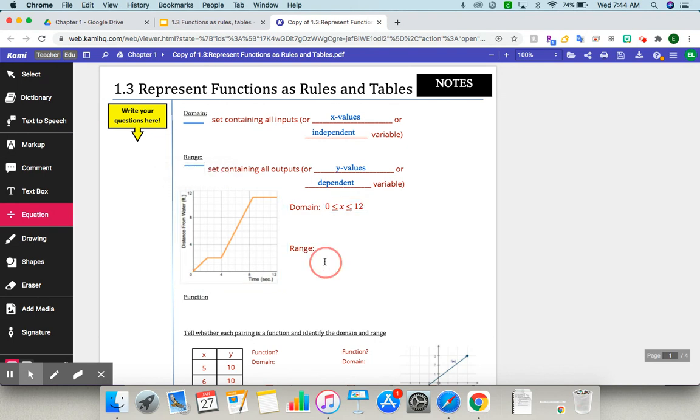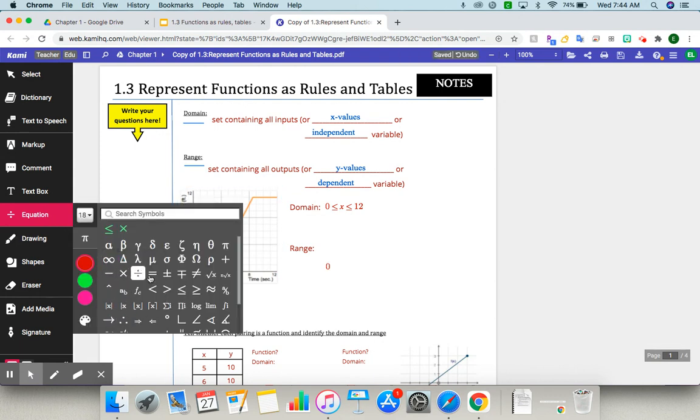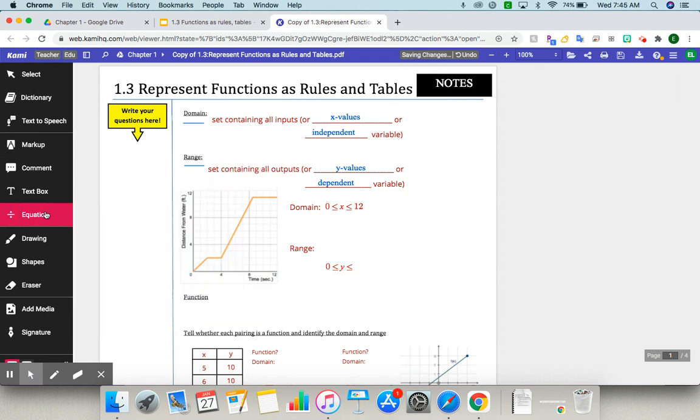So we would define this as 0 is less than or equal to y is less than or equal to, well, notice these are the highest y values right here, and that corresponds to a y value of 11. So the range only goes from 0 to 11 and includes anything in between.